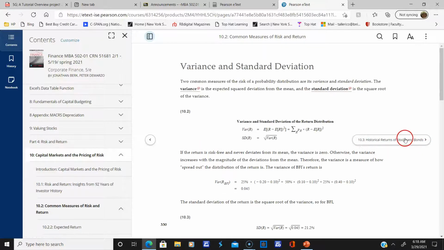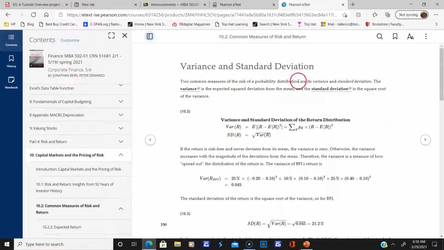So that's pretty simple. Okay, so now we've got to talk about the variance. We've got to discuss the risk of a probability distribution. Basically the variance and standard deviation are going to help us find the risk. Once you have the variance, you can get the standard deviation.